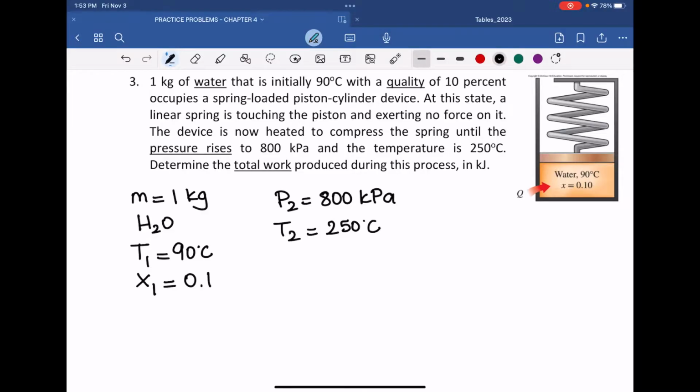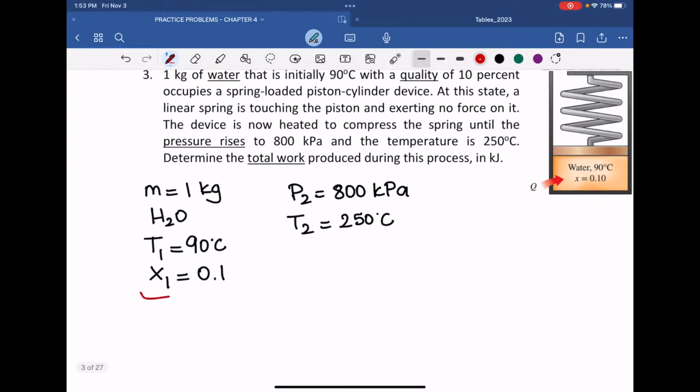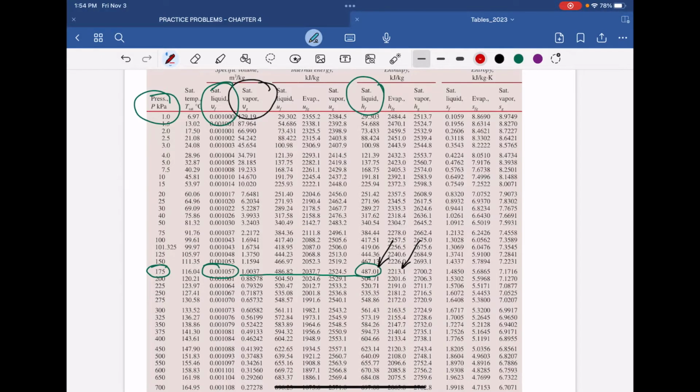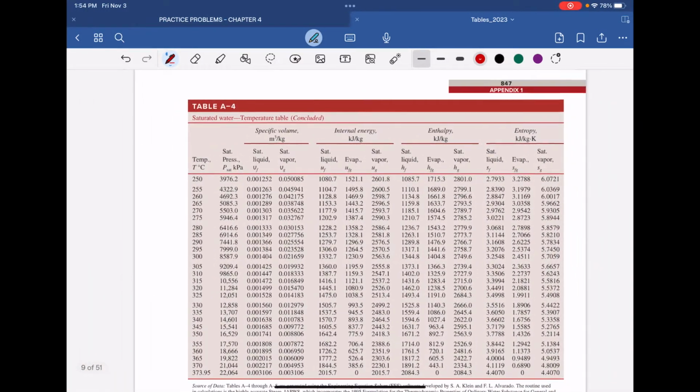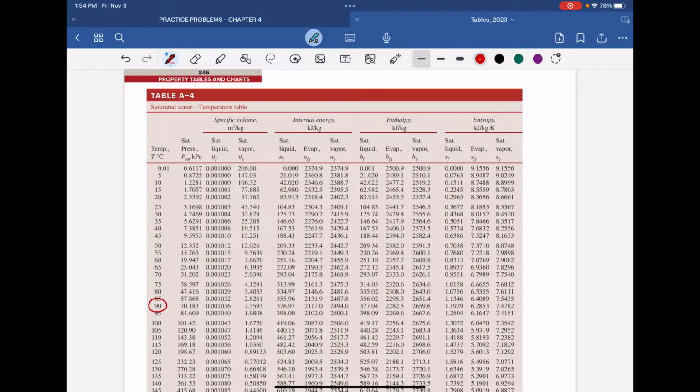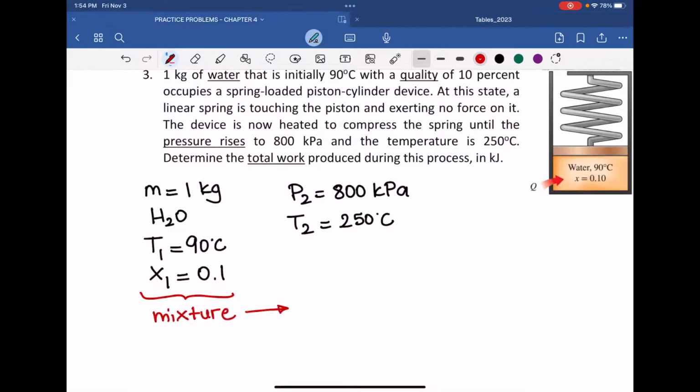So if you have a mixture, that means basically at that temperature, you have to be at the saturation pressure. So we look at the tables for water for 90 degrees Celsius. 70.183 kilopascal should be our pressure. This is because we have a mixture at that temperature. And the only way you can have a mixture is if you are at the saturation pressure at that temperature.